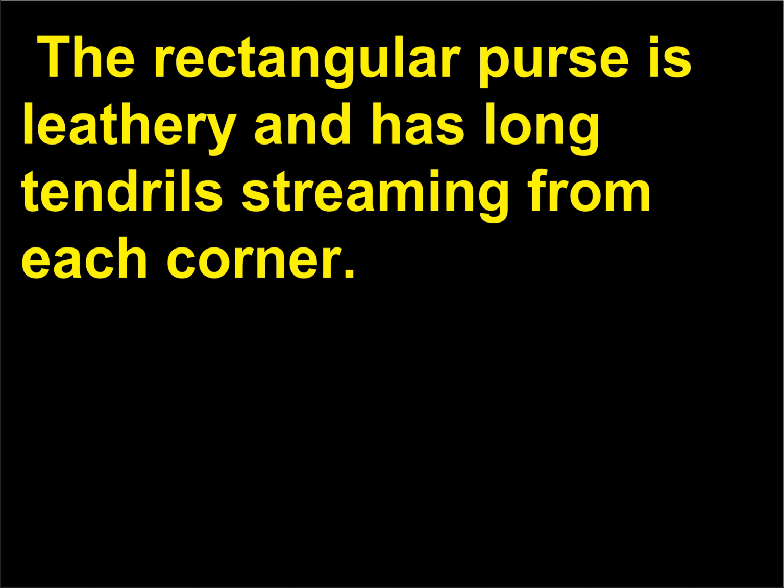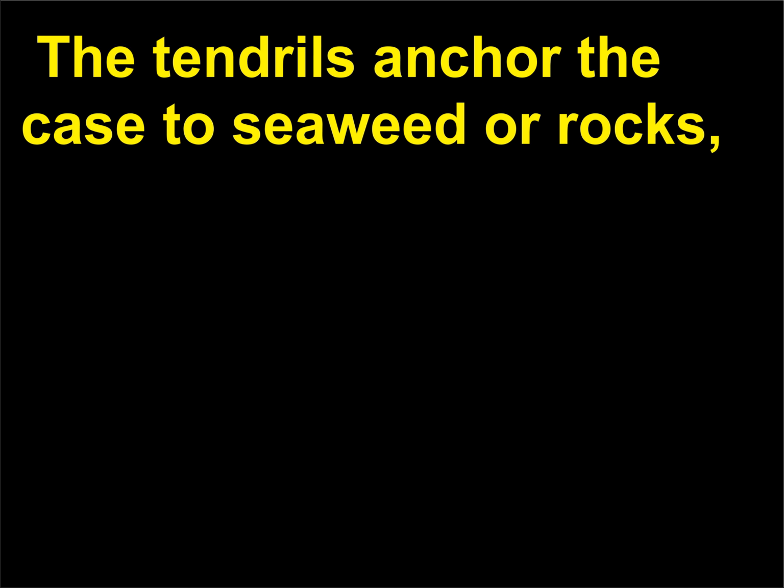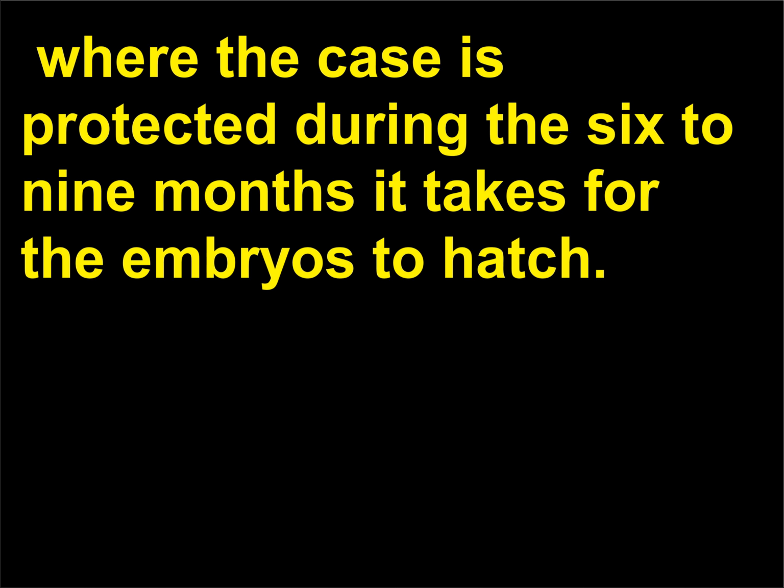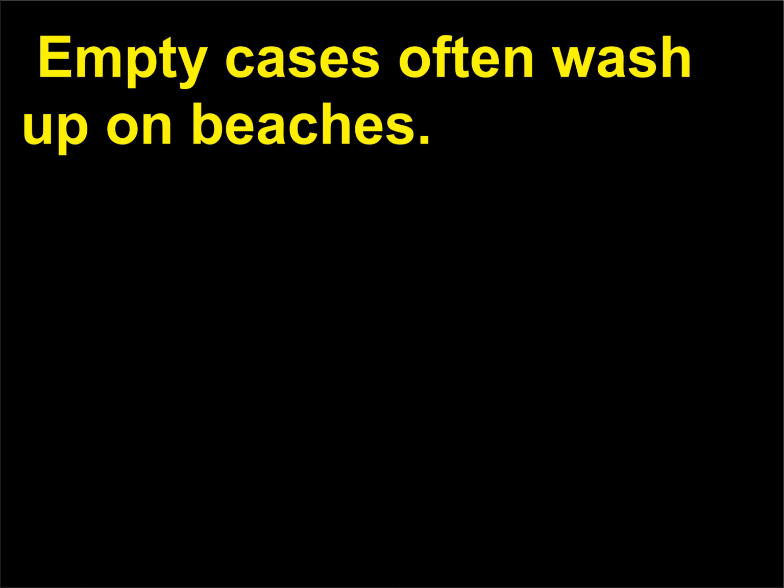The rectangular purse is leathery and has long tendrils streaming from each corner. The tendrils anchor the case to seaweed or rocks, where the case is protected during the 6 to 9 months it takes for the embryos to hatch. Empty cases often wash up on beaches.